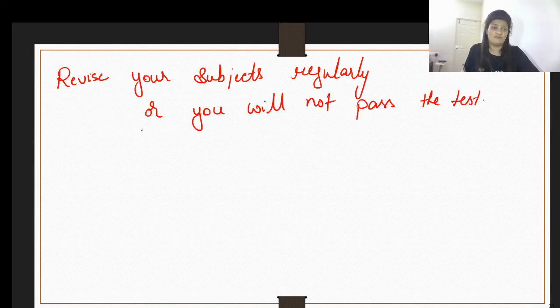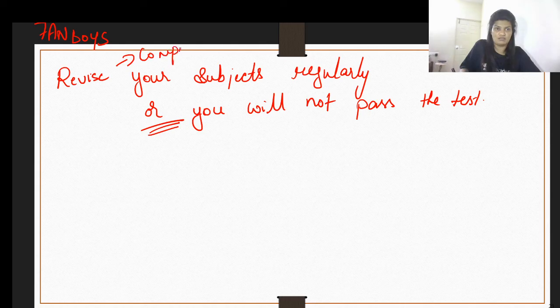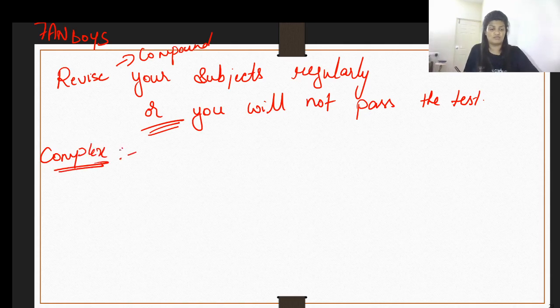So we have or, which is our coordinating conjunction, right? This is our compound sentence and we've got to convert this into complex. How are we going to do this? We are going to do this by introducing the conjunction if.